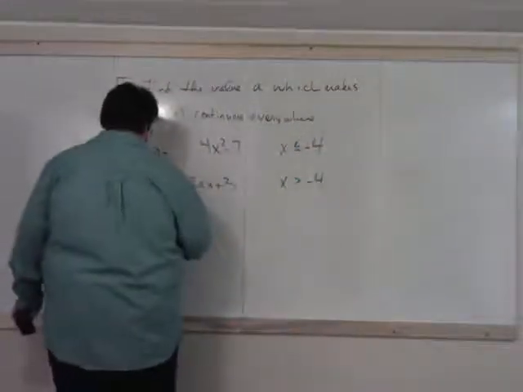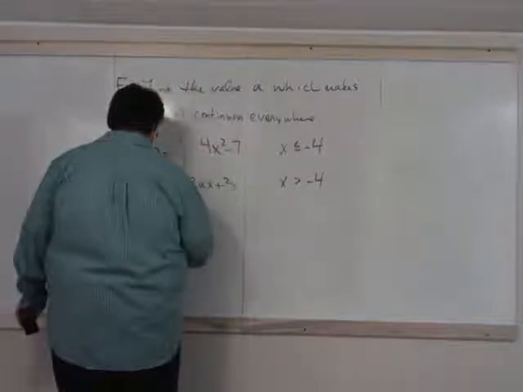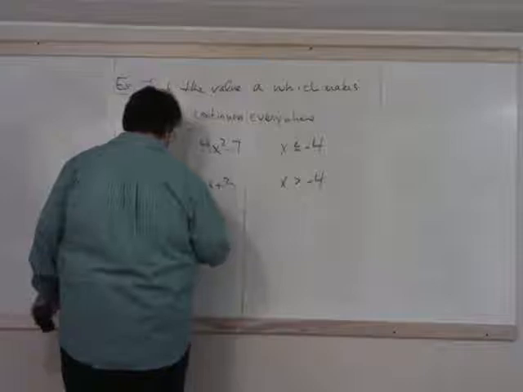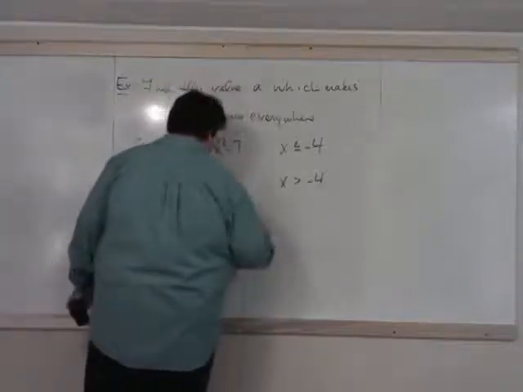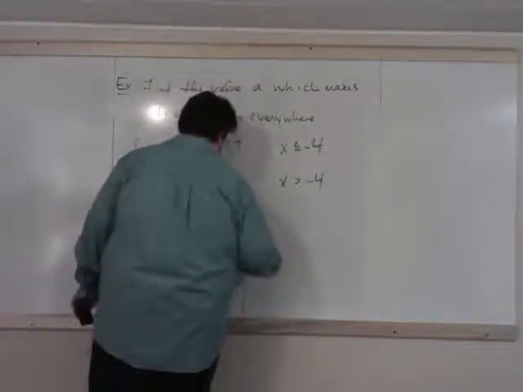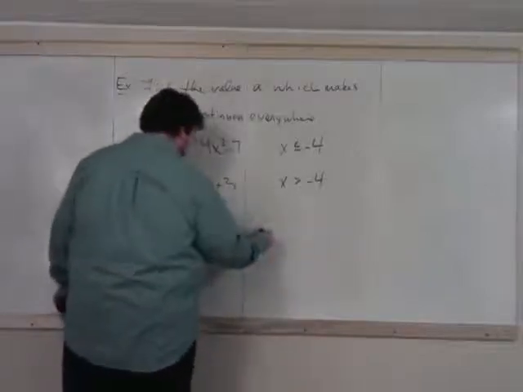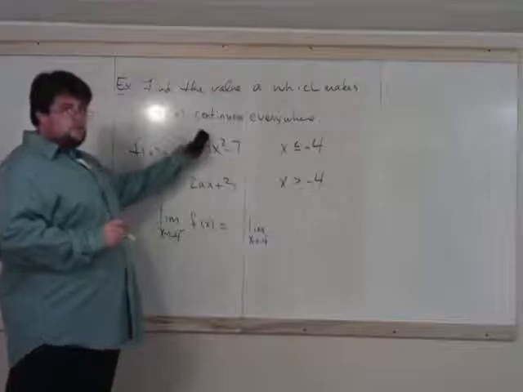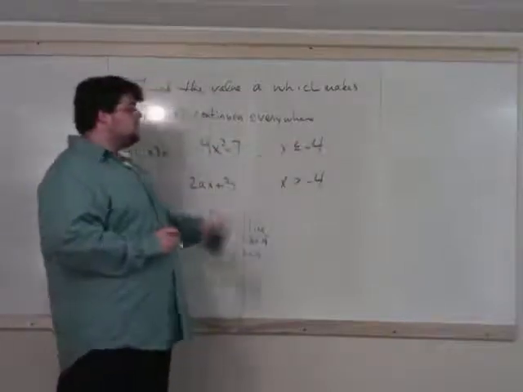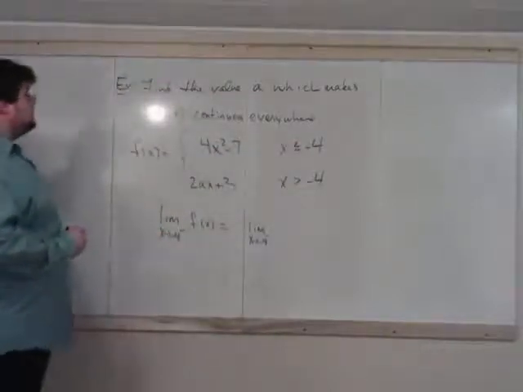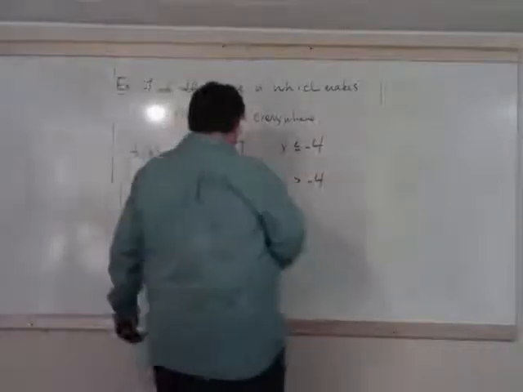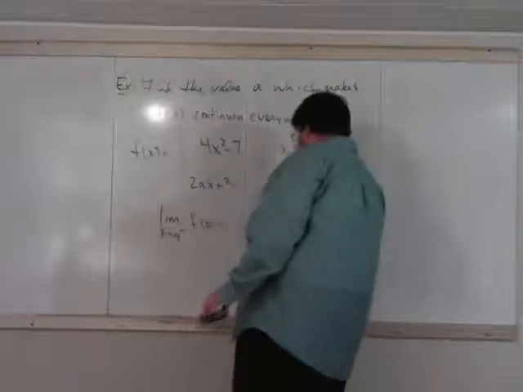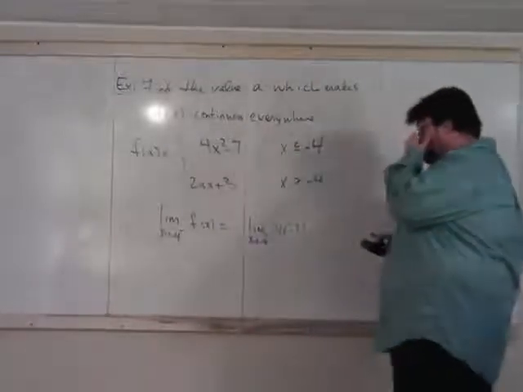Limit as x approaches negative 4 on the left, since that function is first, equals this limit. On the left of negative 4, this function is defined like that: 4x squared minus 7.